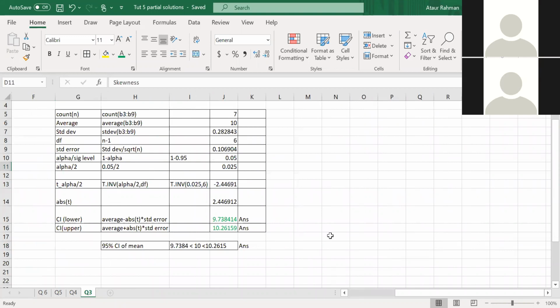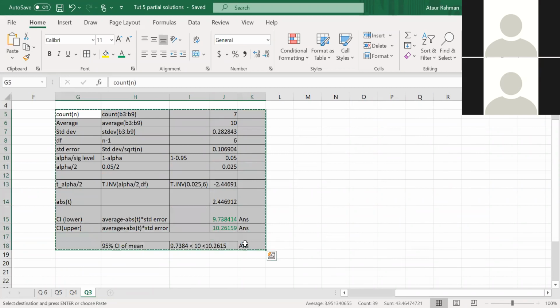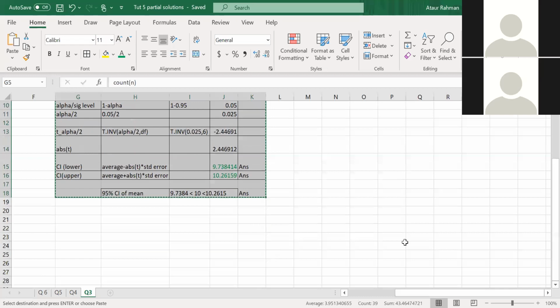Okay, sir. So what I am asking is that if you want to take it from Excel to your Word document during an exam, you just copy it, press Control C. And now I am going to your Word document just to show you how I do it generally.